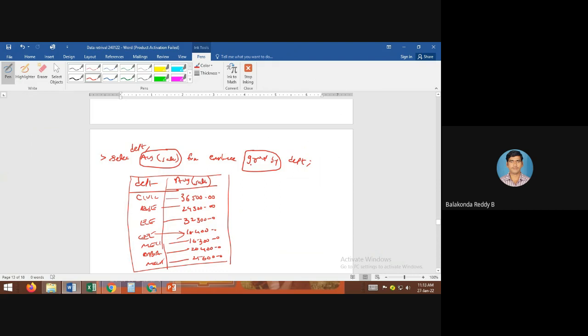The main purpose of grouping is that we can find count, sum, average, minimum or maximum value of the respective department. Suppose you are not using this, syntactically it's correct, but there is no use of this grouping. If you are grouping, we can use any one of the aggregate functions in the select list.